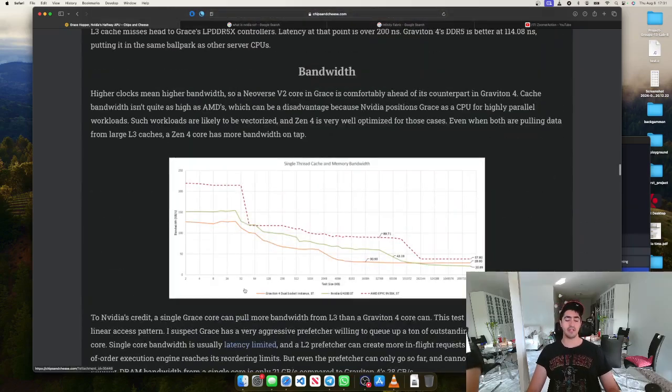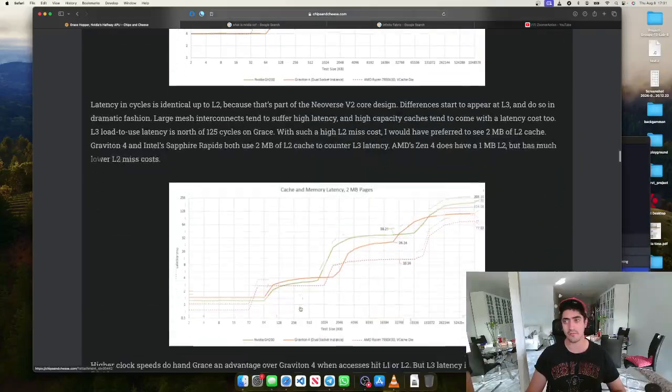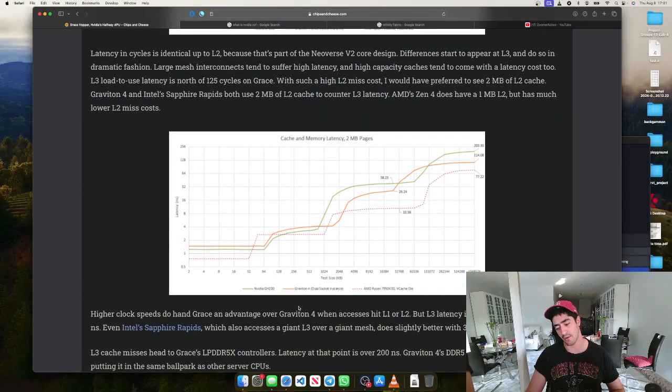Alright, so what we learned. Nvidia is making this Grace Hopper H200, and then they have your NVLink. They have their high bandwidth. Apparently the CPU that's on this thing is slower, it has higher latency compared to Graviton 4, which is for Amazon, and it was designed by ARM.